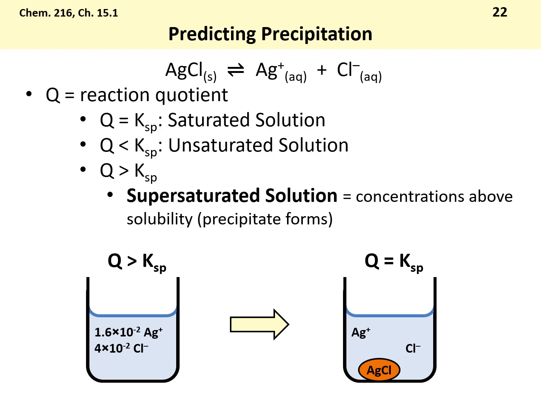When I multiply these out, I would get 6.4 times 10 to the minus 4 for my Q. This Q is greater than my K. Remember we said at the beginning K was equal to 1.6 times 10 to the minus 10. So if Q is greater than K, some of that Ag plus is going to precipitate out. That is what happens when we have a supersaturated solution.